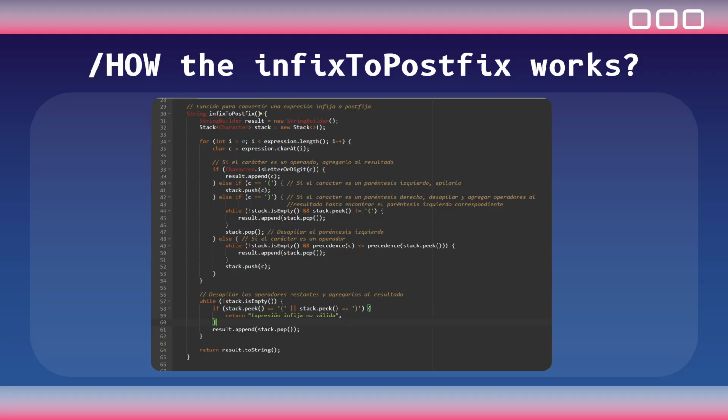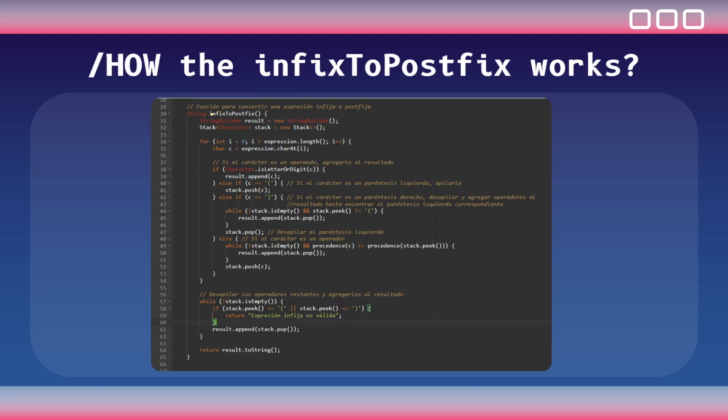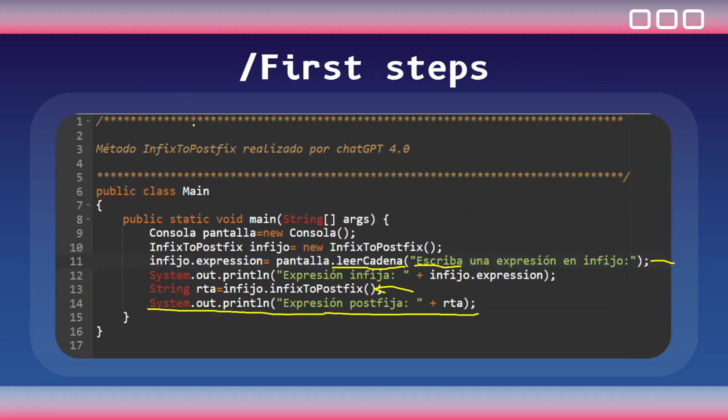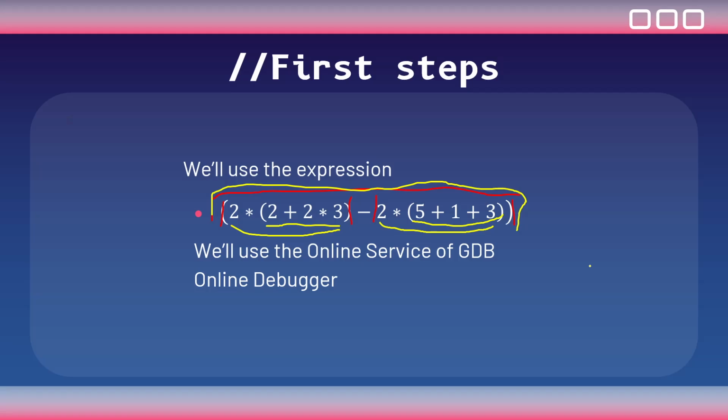We don't need to send this method any parameter because this class has the property expression, and these methods will operate with the expression property. We declare a string builder result, new string builder. Why? Because the terms and the operators will be set in a stack.